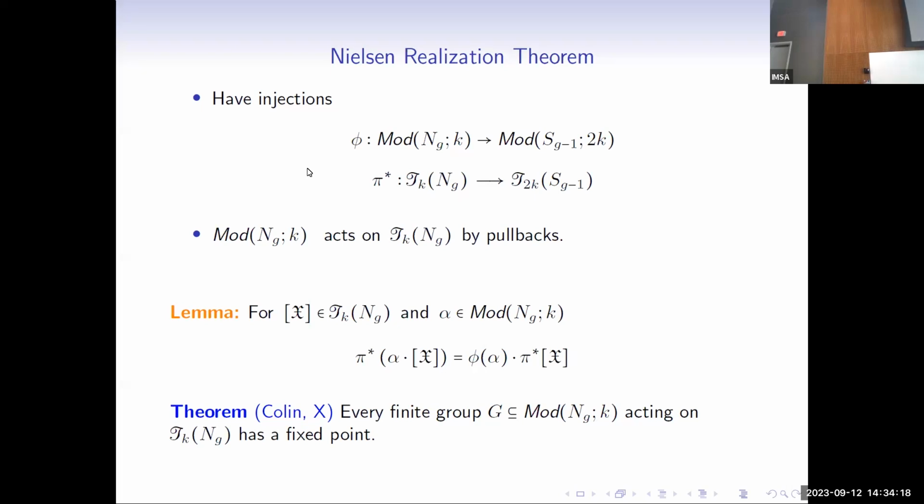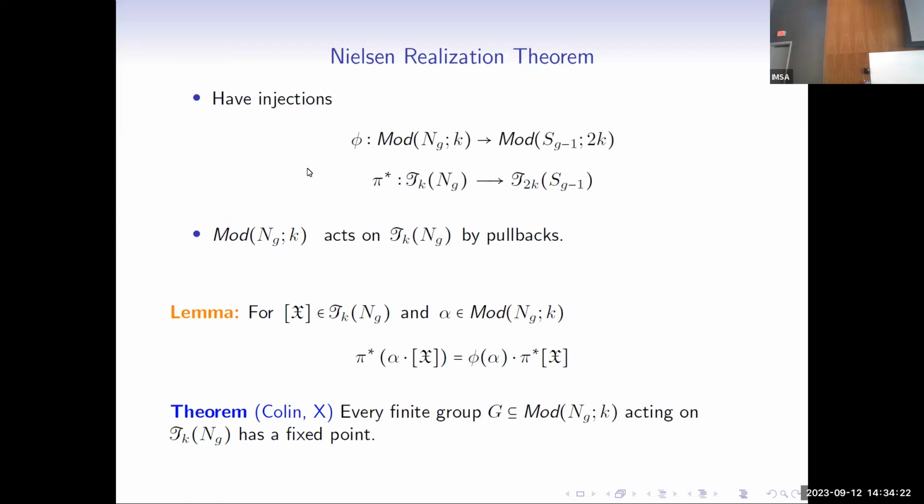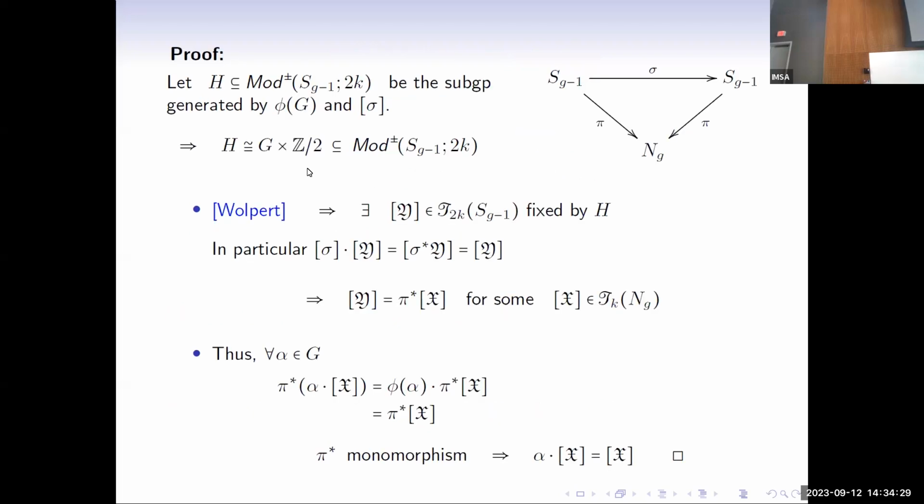So now the thing is not difficult. You start with your group in the mapping class group of the non-orientable surface. You lift it to the mapping class group of the orientable surface, right? And add the class of the involution.